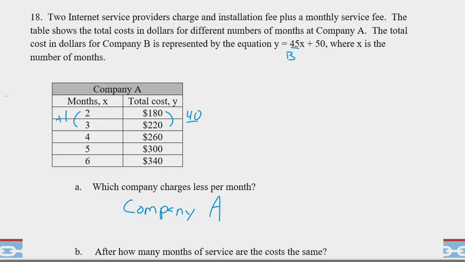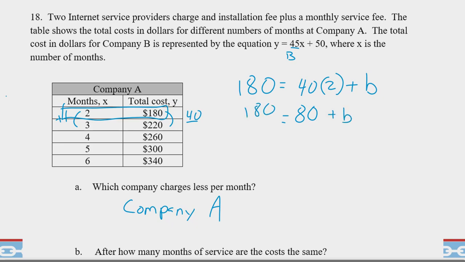We're going to use one piece of data here to find their startup cost. So y equals, which is 180, $40 per month times 2 months plus their startup cost, which is our y-intercept. So I get 180 equals 80 plus B. So then I know that my B value is 100.